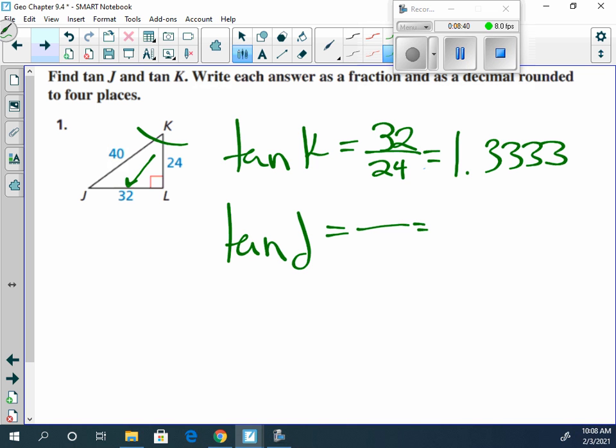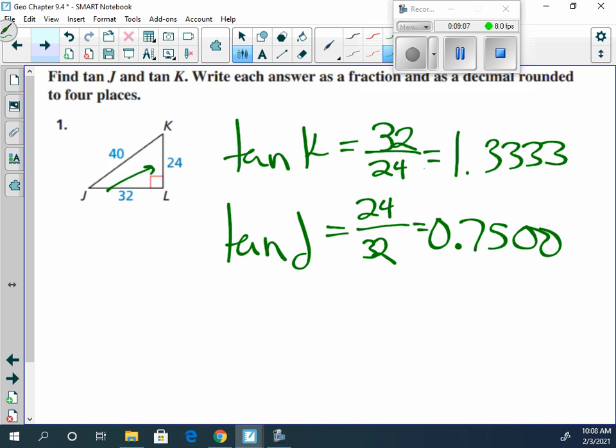That's .3333. Now tangent of J. 24 over 32. That's .75. And that's it with these here.